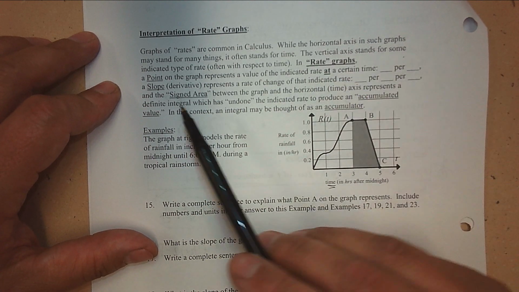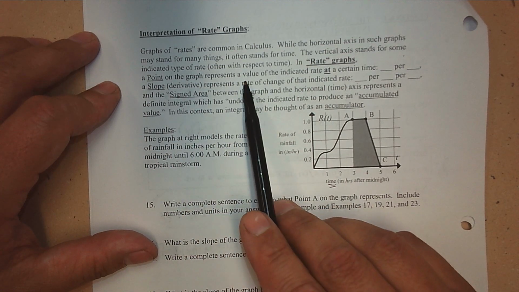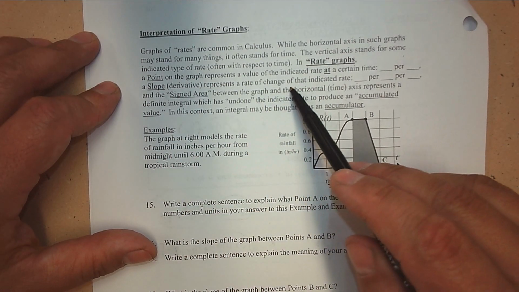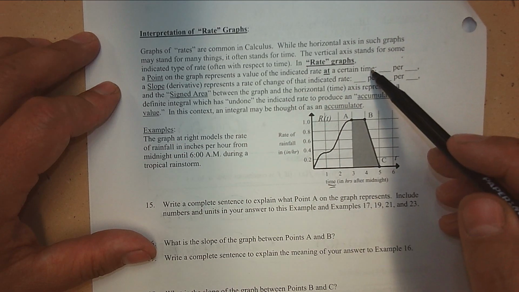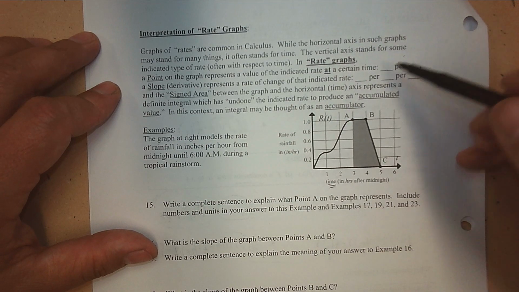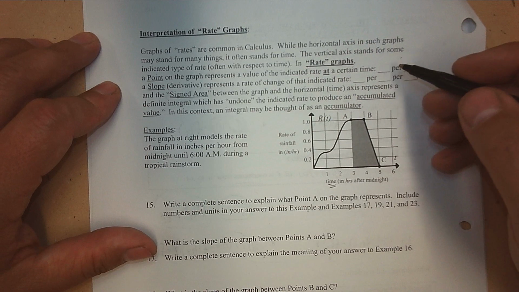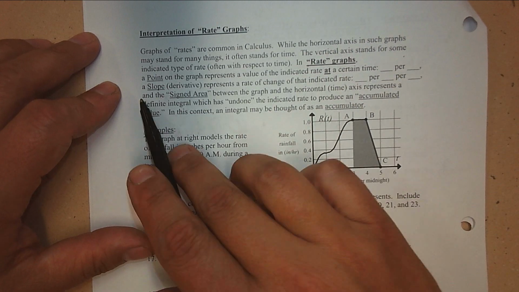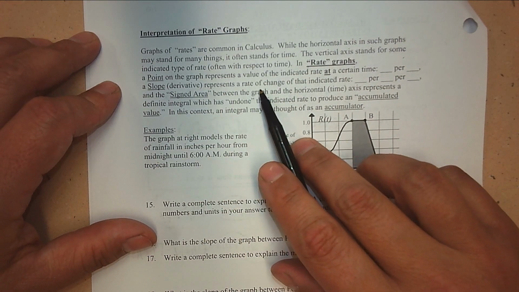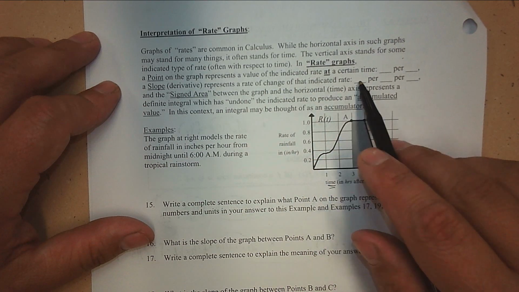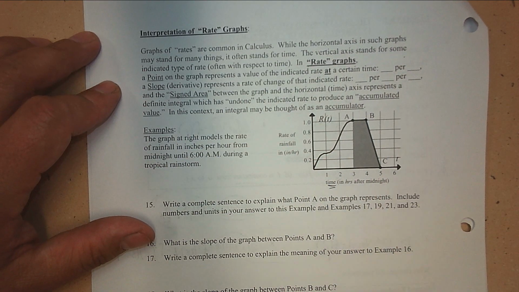In rate graphs, a point on the graph represents a value of the indicated rate at a certain time. So there, it would be something per something. A slope represents a rate of change at that indicated time. Something per something per something.